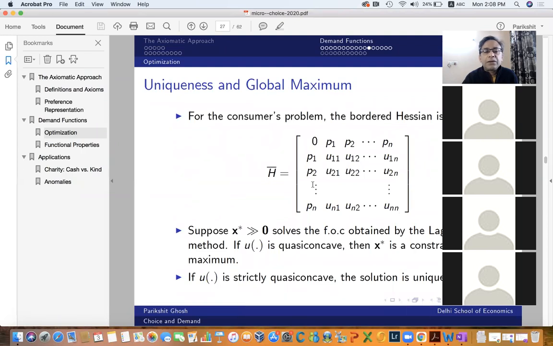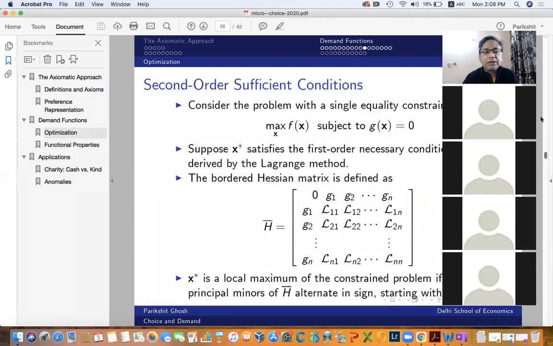Okay, now let me talk about general second order conditions, and then I'll briefly talk about a few examples. Now, if we are dealing with differentiable functions, functions which are at least twice differentiable, then there's a nice characterization of second order conditions, which we'll take out of math books without proving it.